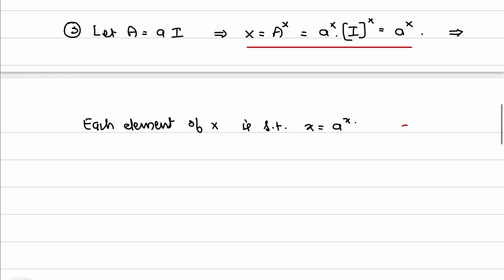Which implies X is equal to xI, provided everything whatever I am writing here is not applicable for all the matrices, it is only applicable for the diagonalizable matrix.